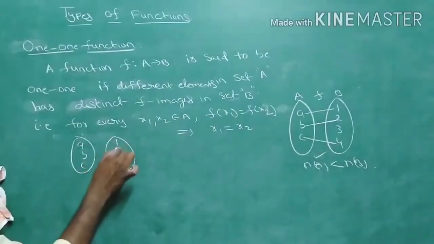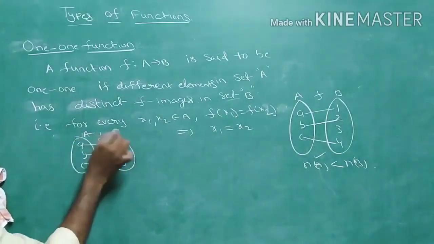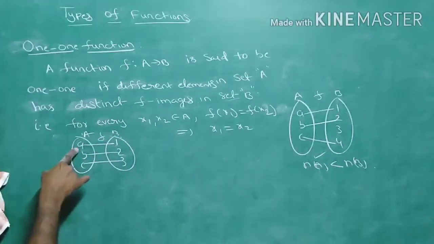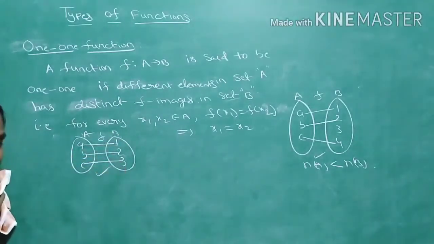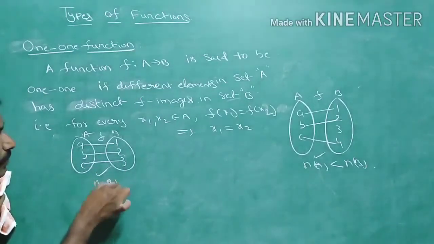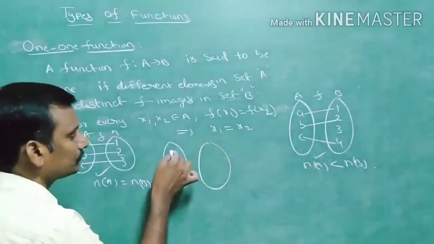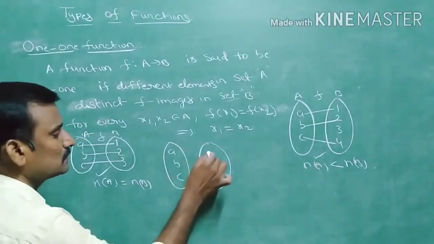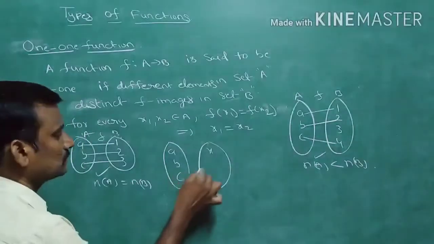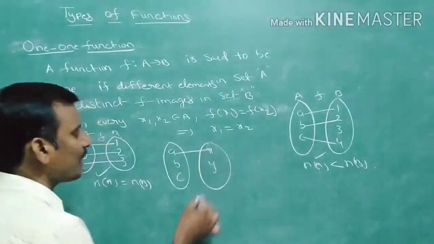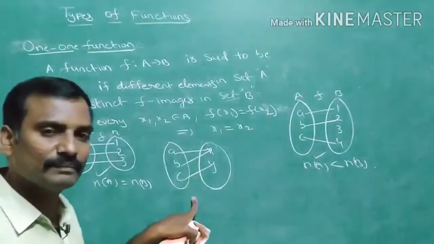A, B, C, 1, 2, 3. It's a one-one function because different elements in set A have different f images. This is also a one-one function. Here n of A is equal to n of B. A is mapped to X, B is mapped to X, C is mapped to Y. Is it one-one?